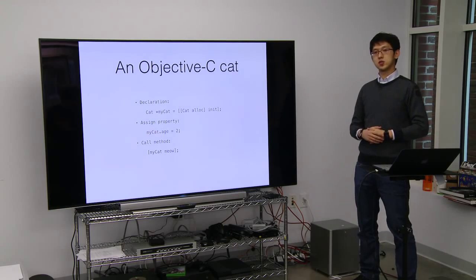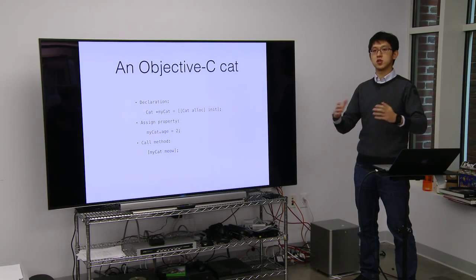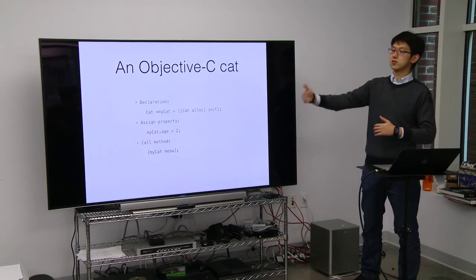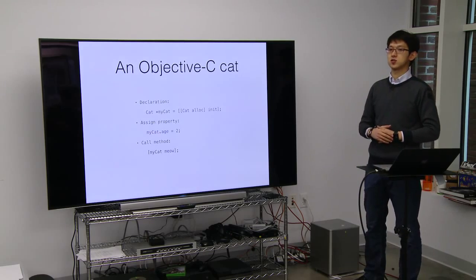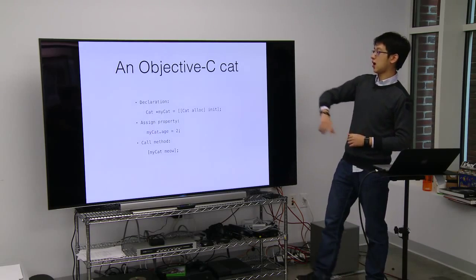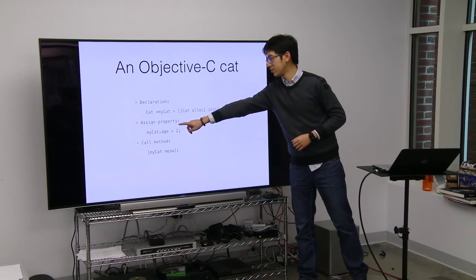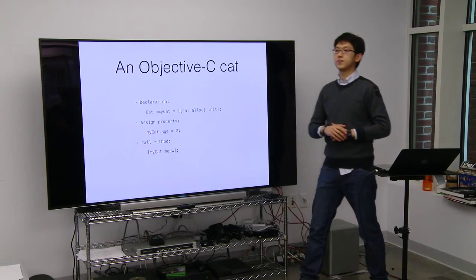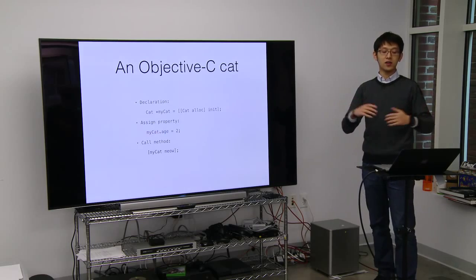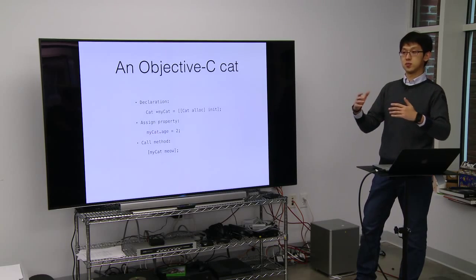Assigning a property is actually pretty straightforward. It's very similar to what you do when you assign a specific field inside a struct. You just have the variable name, the property name, and assign a specific value to it. And calling a method is very similar.